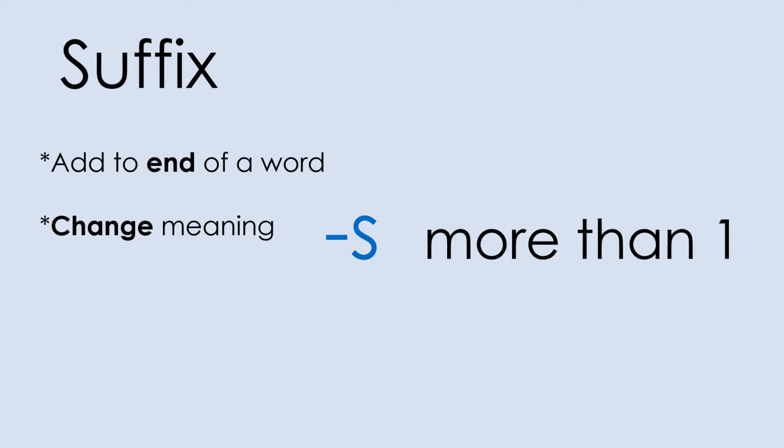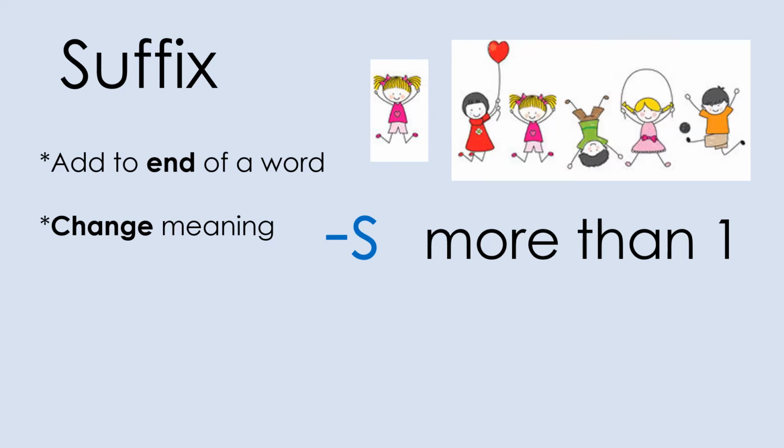Let me show you an example. If I say there is one kid, kid without an S is just one, right? That's one person. When I add an S to make it say kids, now I know there's more than one person, right? Like a whole group.